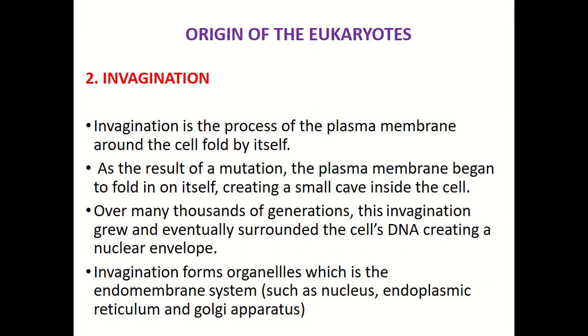Over many thousands of generations, this invagination grows and eventually surrounds the cell DNA, creating a nuclear envelope, the endoplasmic reticulum, and the Golgi apparatus, everything under the endomembrane system.